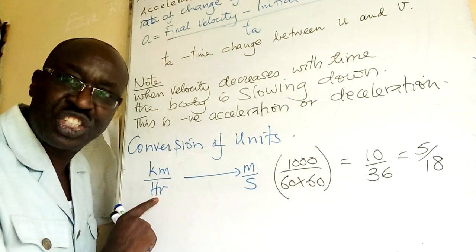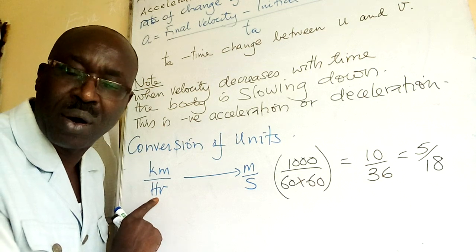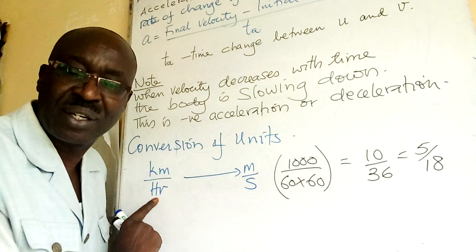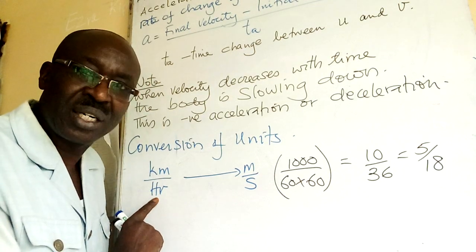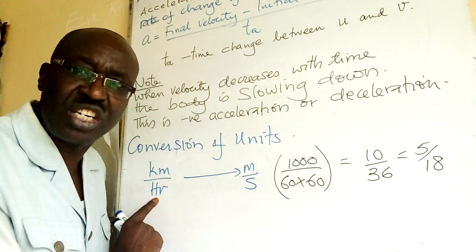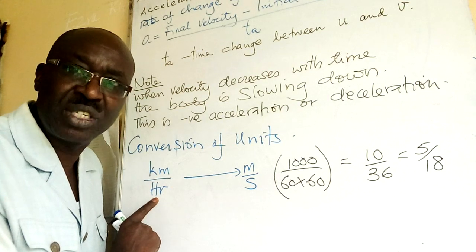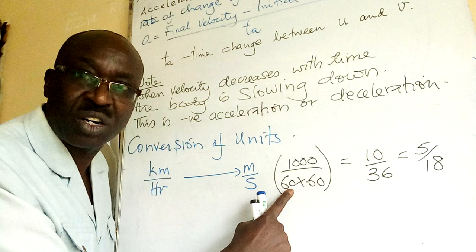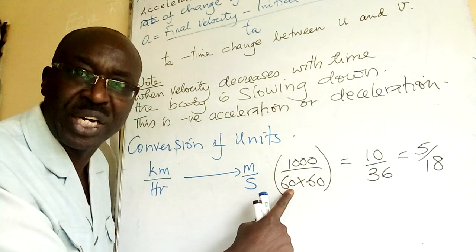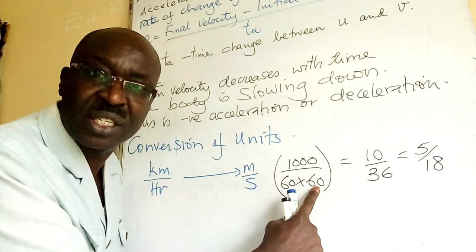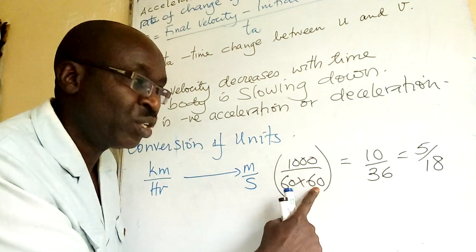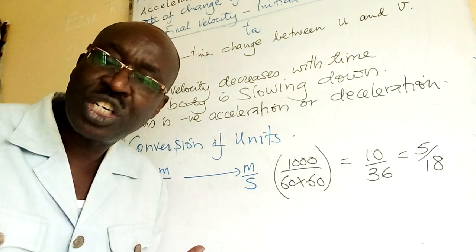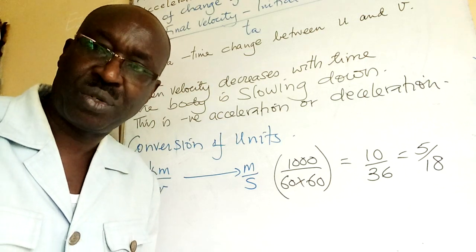This hour, change it into minutes. That is times 60. Then each minute change it to seconds, again times 60. So this 60 converts hour to minutes, and this converts minutes to seconds. So the entire figure here is what is used for conversion.